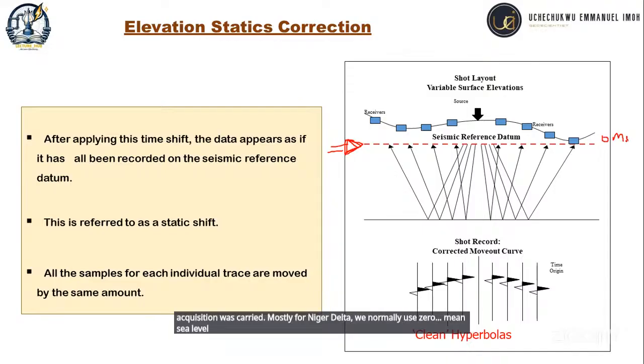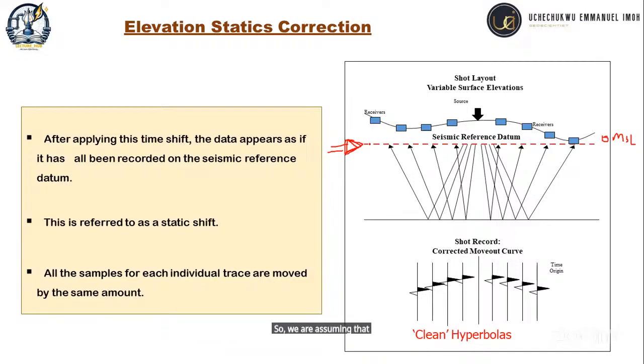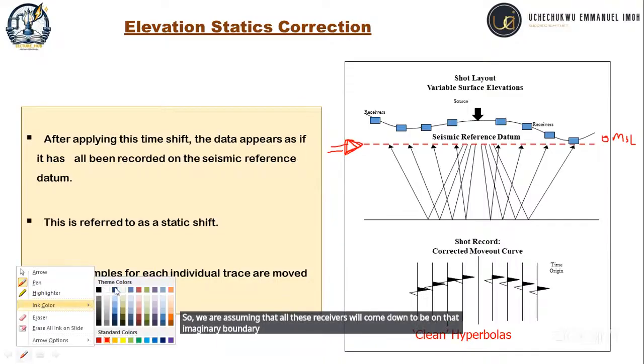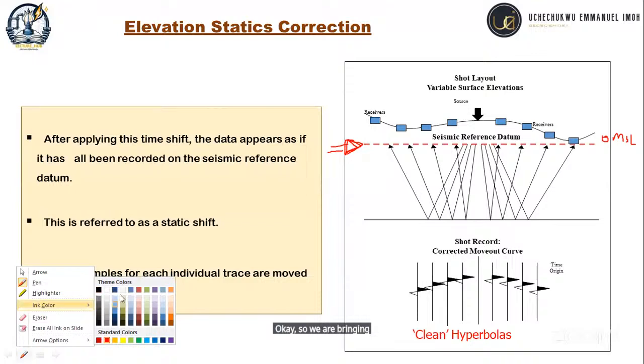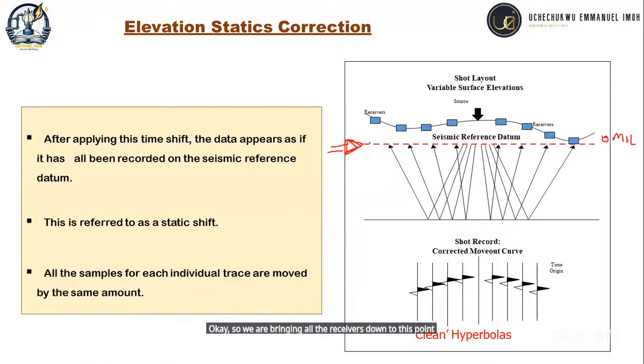All of us know what is mean sea level. That is 0 meters above sea level. So we are assuming that all these receivers will come down to be on that imaginary boundary. Okay, so we are bringing all the receivers down to these points, on this imaginary reference datum.